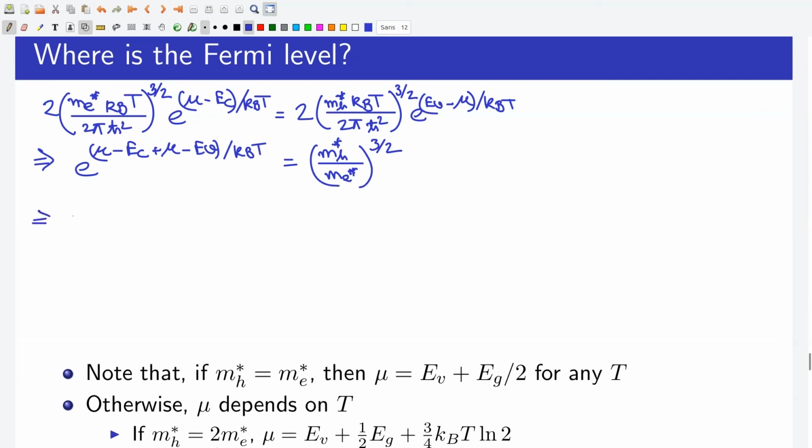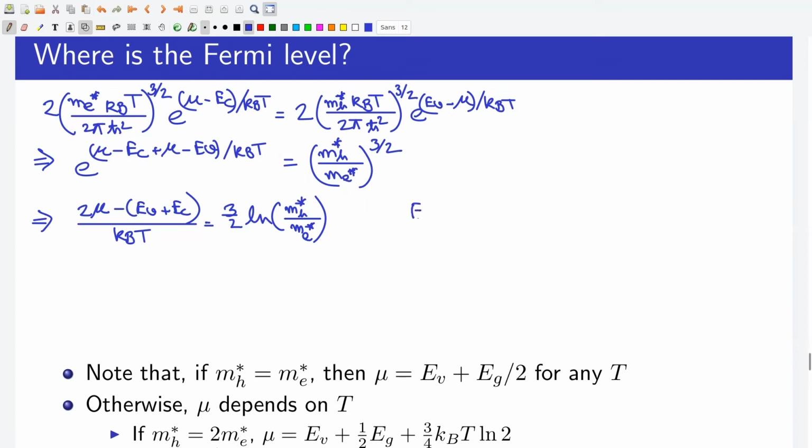And now taking logarithm on both sides of the equation, we get (2μ - Ev - Ec)/kBT is equal to 3/2 log(mh*/me*).